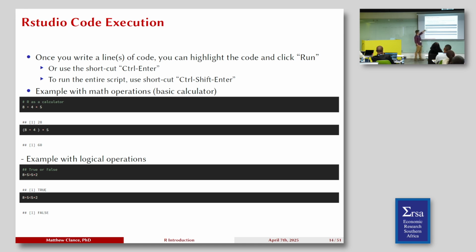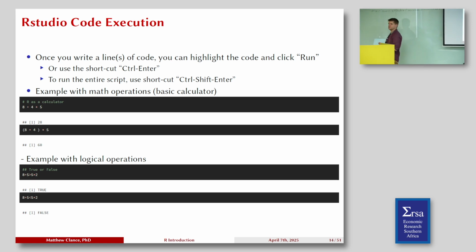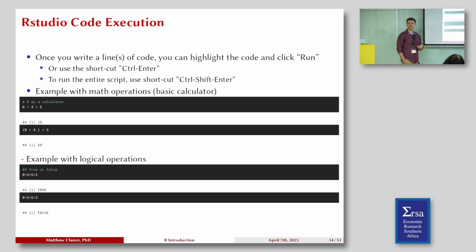Or we can put parentheses around these, so it becomes 68. So 8 plus 4 is the first operation, then times 5 to make 60. But this is how it is without the packages. That's all it is. You ask it to display hello or math or anything like that, that's all it's going to do. Once we get into packages, we can start feeding in functions to allow it to do a little bit more than act as that basic type system.